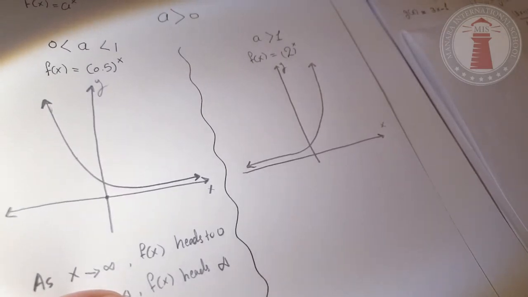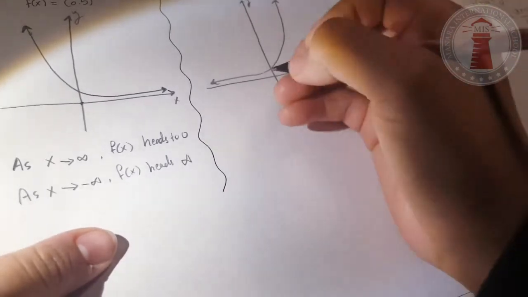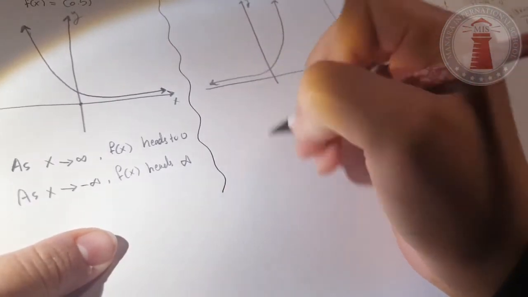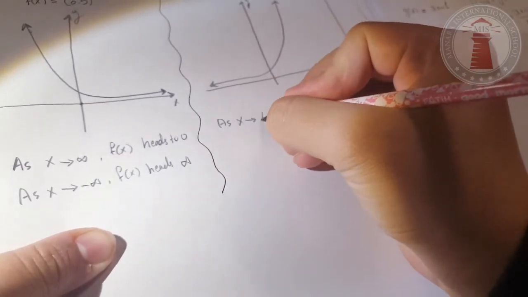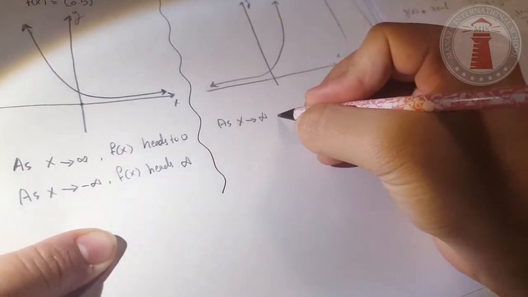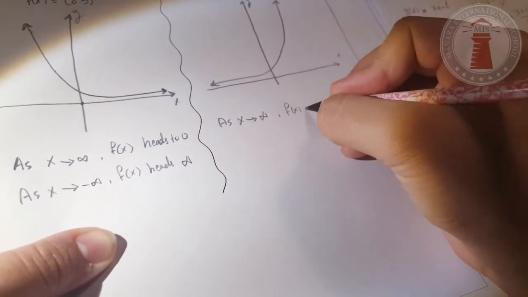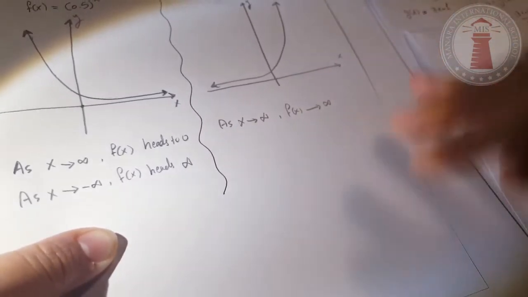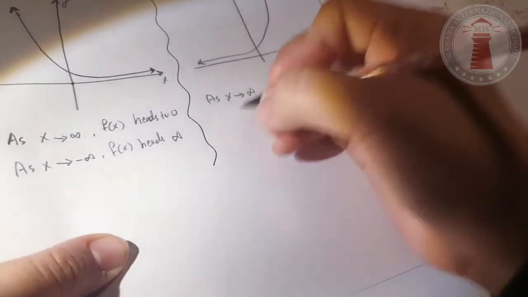Now, let's write this first. Let's start with the end behavior of this function. As x increases, what happens to f of x? Now here, f of x is also increasing, or also heads to infinity.